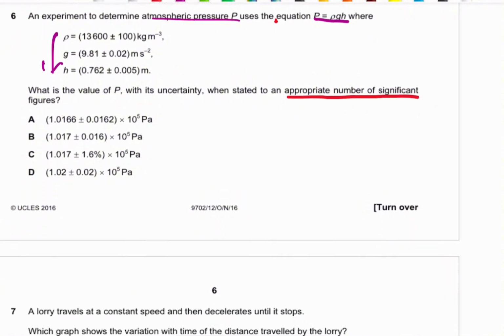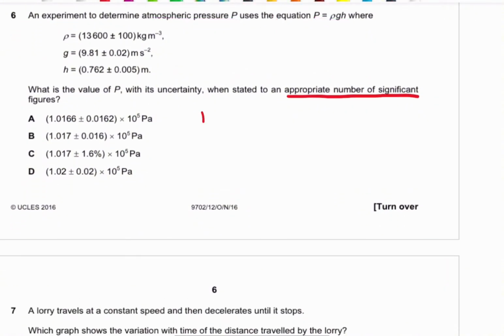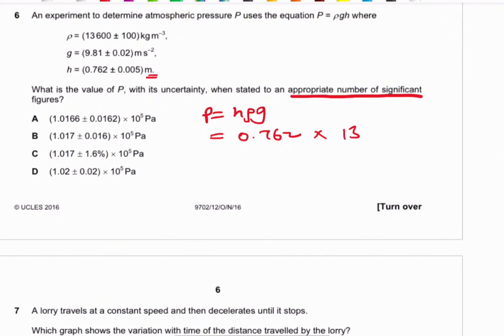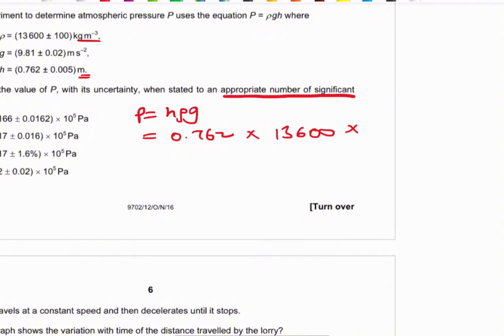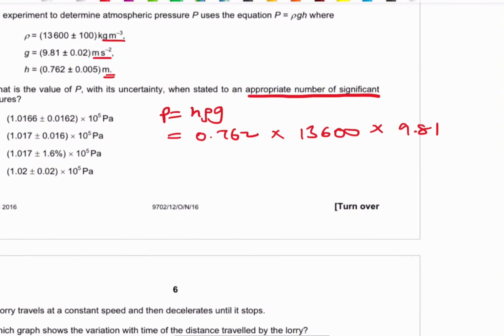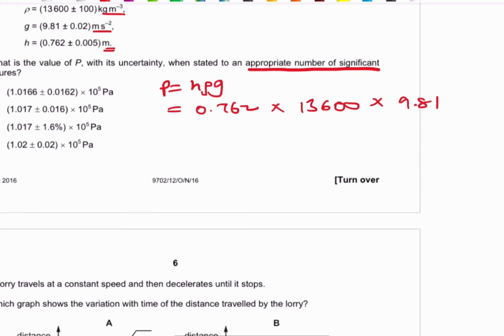I'm going to explain how that is so. P is actually h rho g, okay? So the value of h is 0.762. Is it in meters? It is. Multiplied by the value of rho, which is 13,600 kg m to the power of negative 3. That's true. Multiplied by the value of g, which is 9.81 meters per second squared, right? So everything is in their correct SI base units, right?